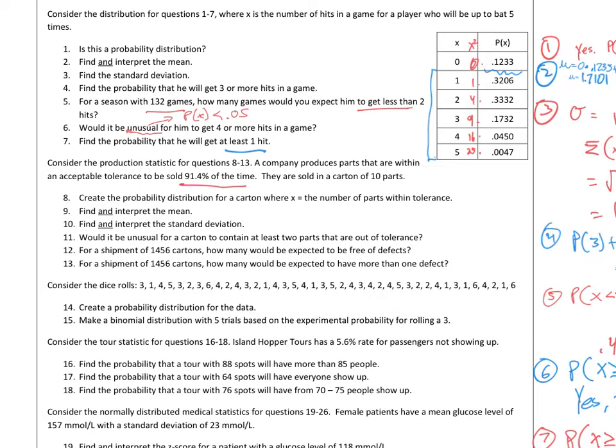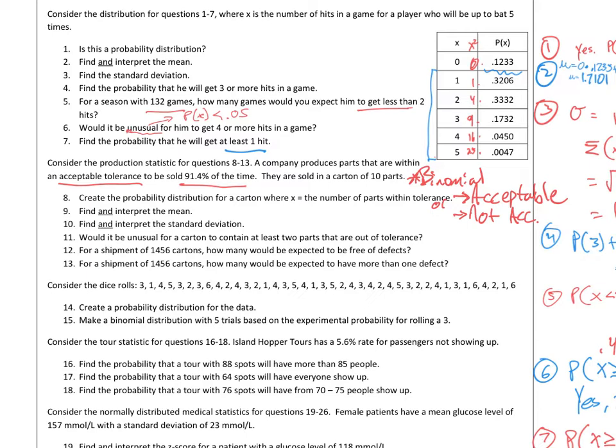So the key here is that this is a binomial probability distribution, and the reason is that a part is either acceptable or not acceptable. We can call them good parts and bad parts. It's going to be one or the other. It can't be anything else. So that means it's binomial, and we have to cue in on that.